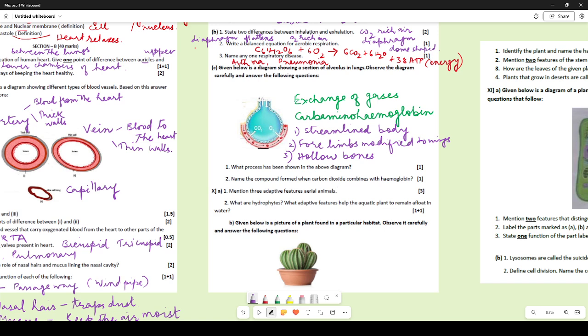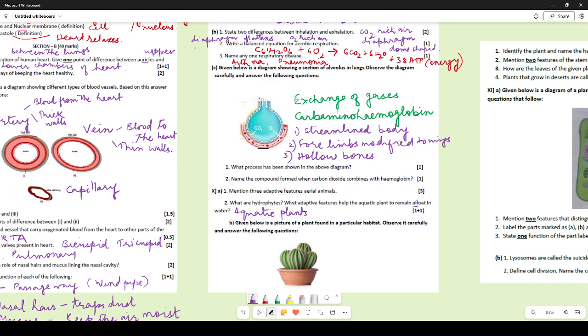Now, what are hydrophytes? Hydrophytes are aquatic plants. Plants that live in water are called hydrophytes. Here one thing you had to mention was the aquatic plants' adaptation, which helps them to remain afloat in water.